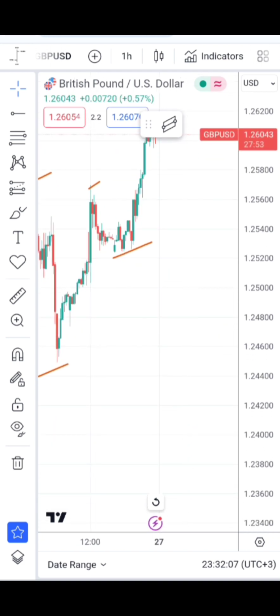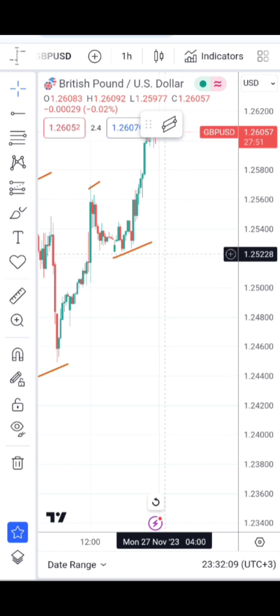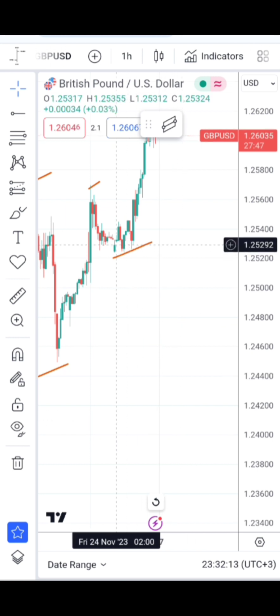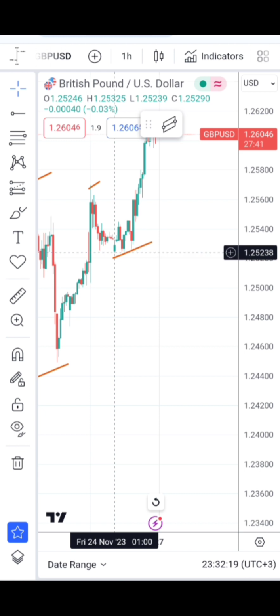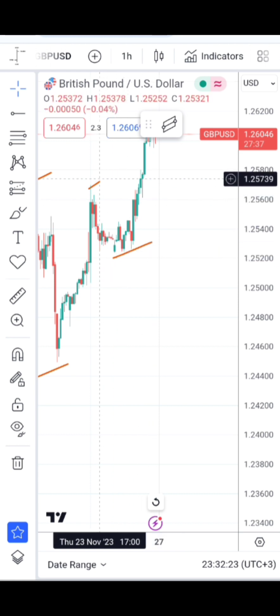so from the 1.2539 low, the market broke structure to the upside.